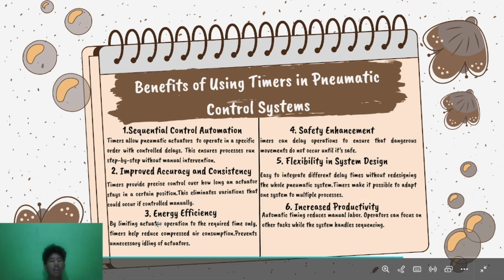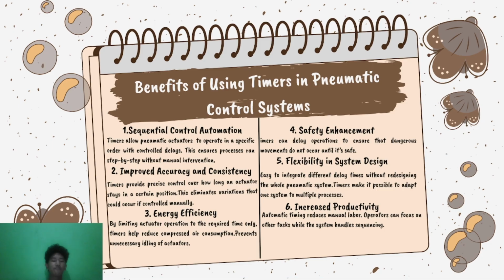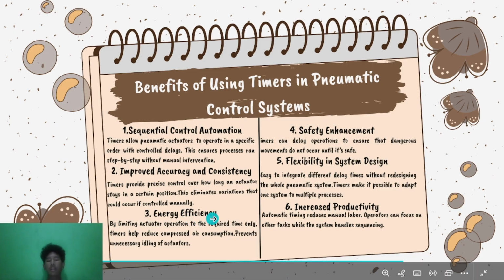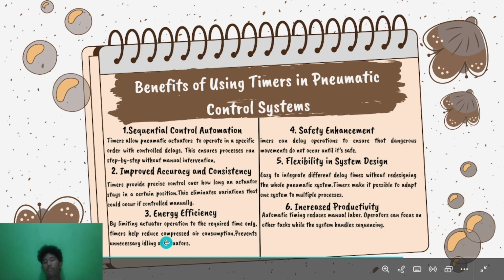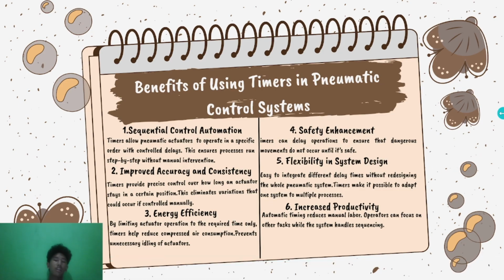Number 3, energy efficiency. By limiting actuator operation to the required time only, timers help reduce compressed air consumption and prevent unnecessary idling of actuators. Number 4, safety enhancement.